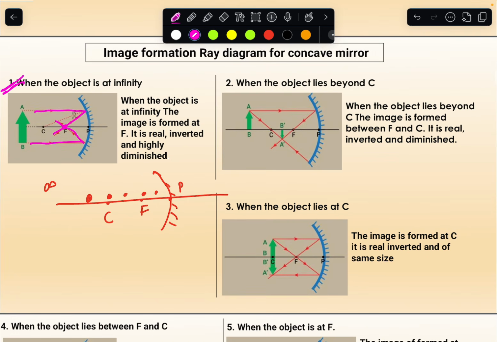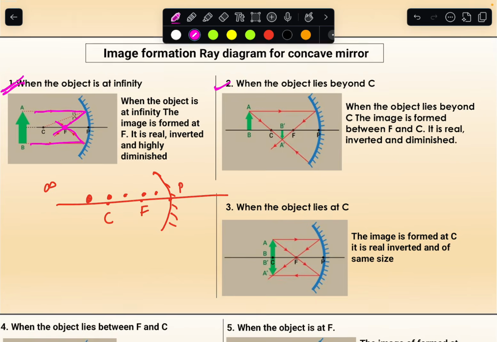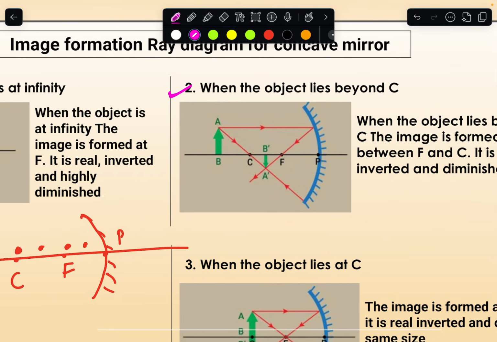The next one, when the object lies beyond C. If you see this particular diagram, the object beyond C is there. Again we have to use 2 rules. Rule number 1 I am using here: if rays are coming parallel to the principal axis, after reflection they pass through the focus. Rule number 3 I am using here: if a ray is coming on the center of curvature, after reflection it will follow the same path.